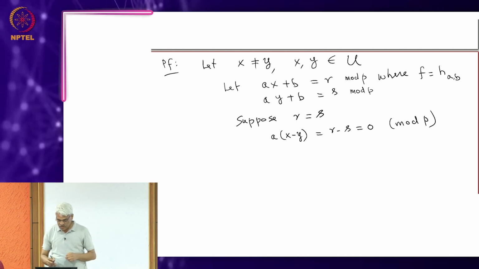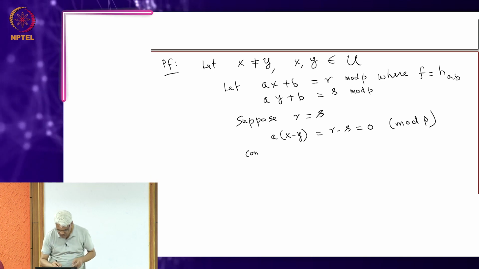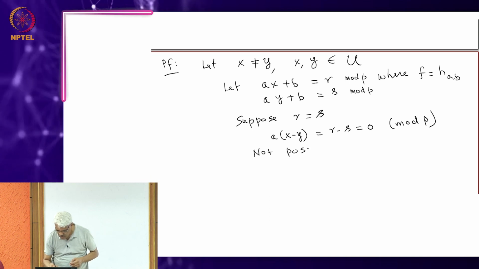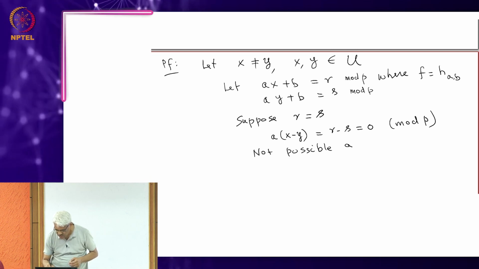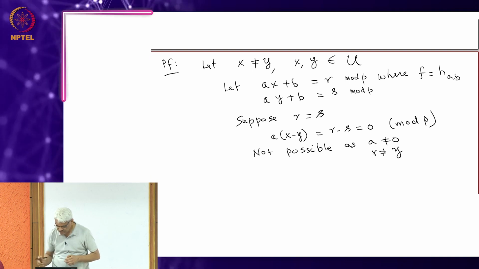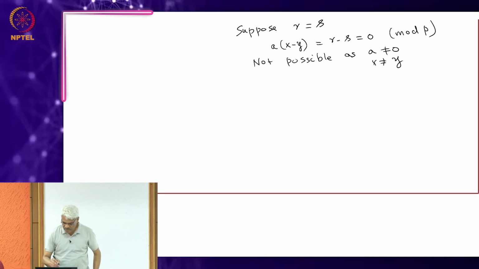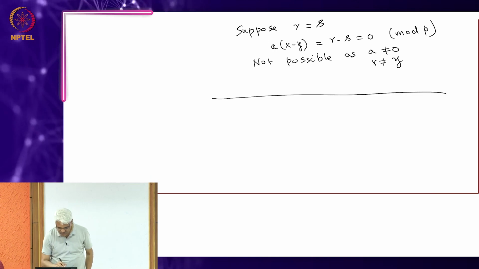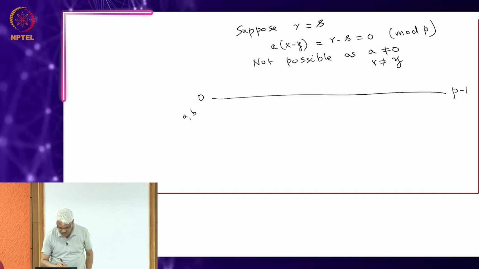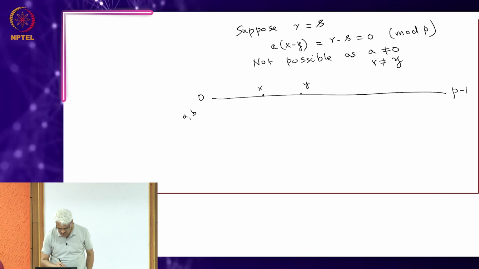So, what does that mean? Contradiction, I would say, not possible, as a is not equal to 0 and x is not equal to y. Okay. So, what have I established? Think of this line 0 to p minus 1 and I picked some a, b, and here is an x and here is a y.